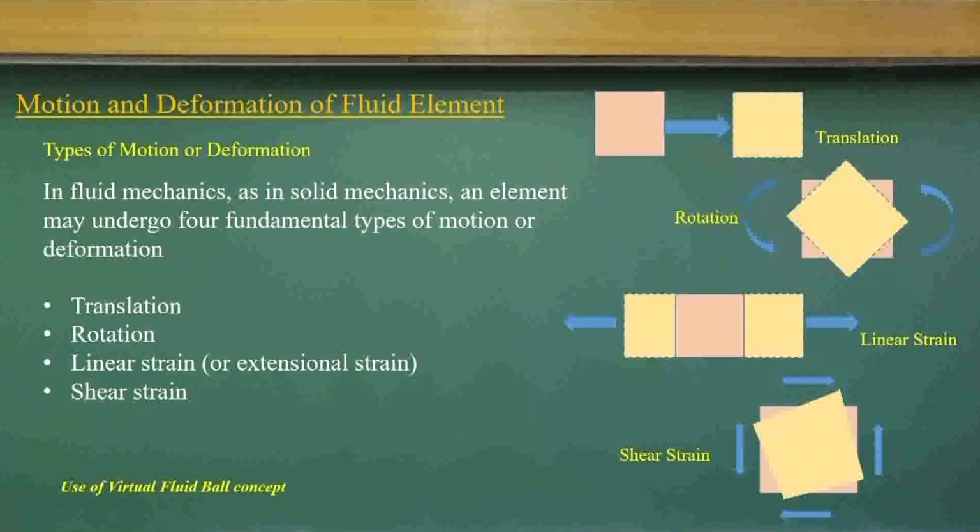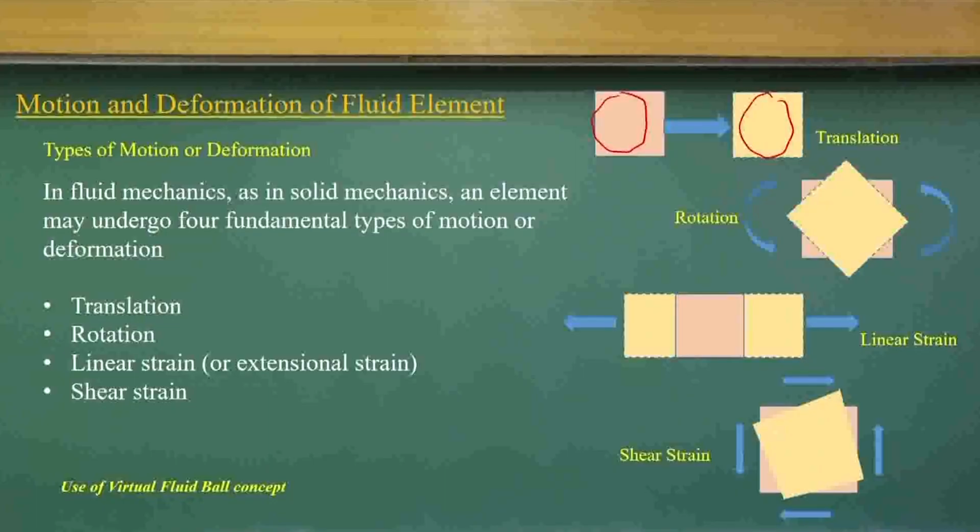Okay. So when you have a ball, it can go through any type of motion and deformation. It can be translation, which is very easy: you have a ball, it can translate, it can go in a u direction or v direction, or it can have a displacement in the x, y or z direction, and the displacement is caused by the velocity component.